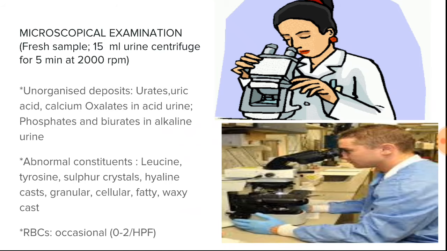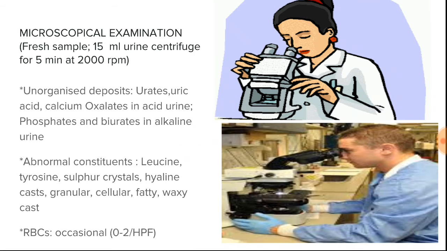Next comes microscopical examination. The microscopical examination should be done with a fresh sample, and before the test we have to centrifuge 15 ml of urine sample at 2000 rpm for 5 minutes.